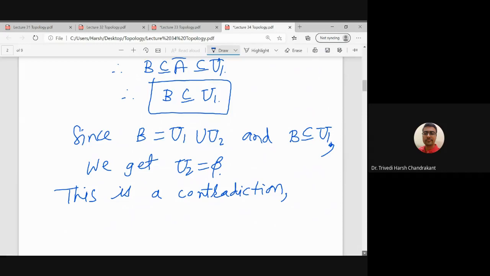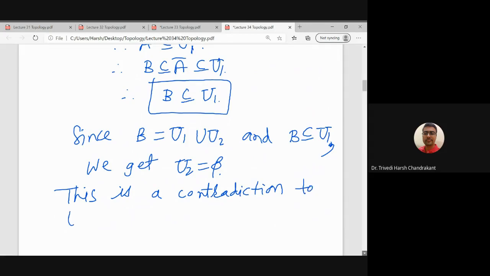What is the contradiction? That U1, U2 is a separation, so U1 and U2 should both be non-empty sets. So this is a contradiction to the fact that U2 is a non-empty set.